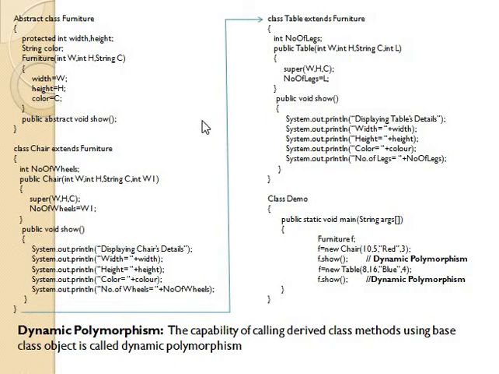Now, if you consider this program, the object f has been created from the abstract base class furniture, and if this object f associates with the method show during the compilation process, then this form of association is known as the early binding or the static binding.